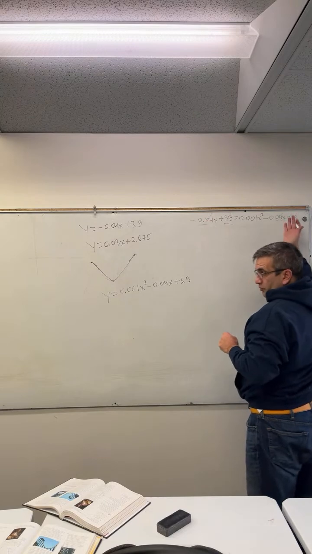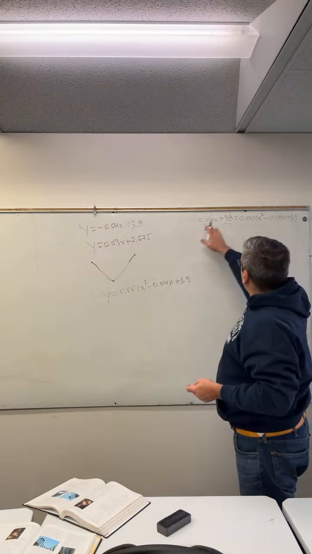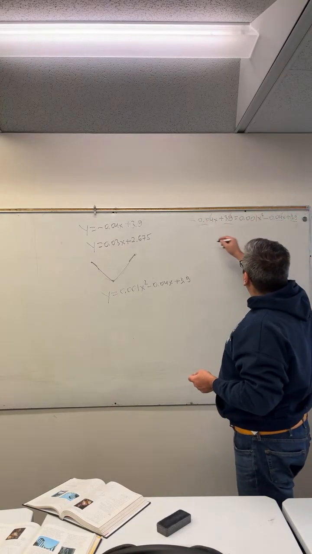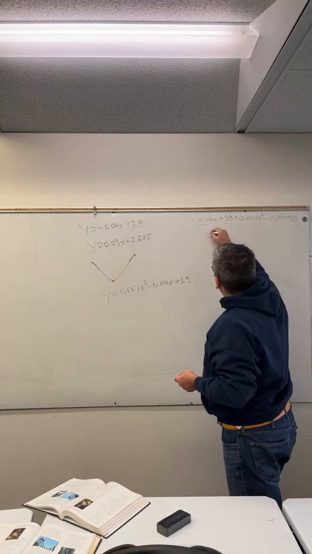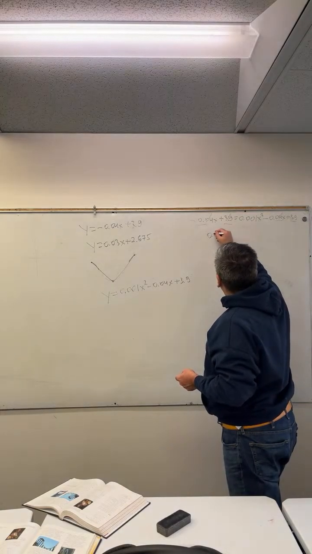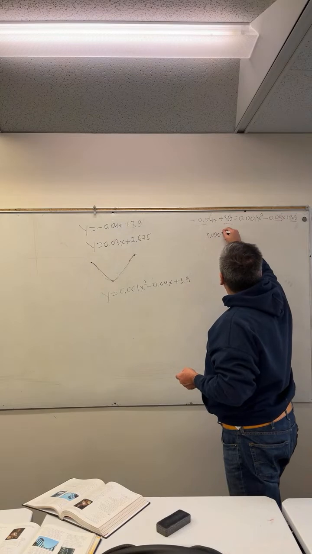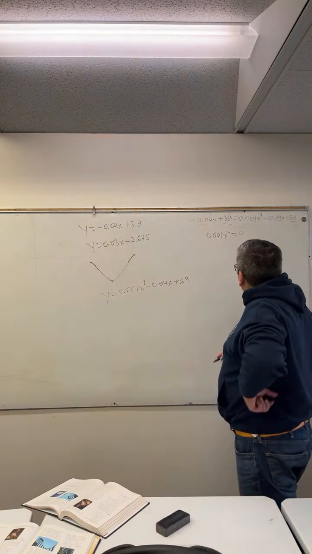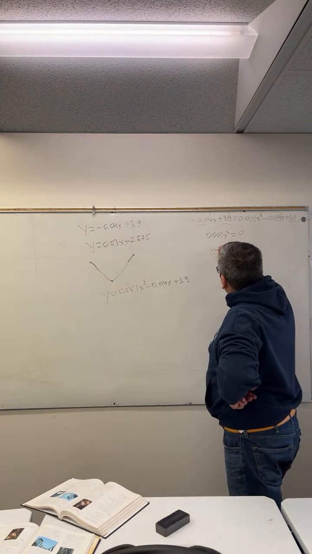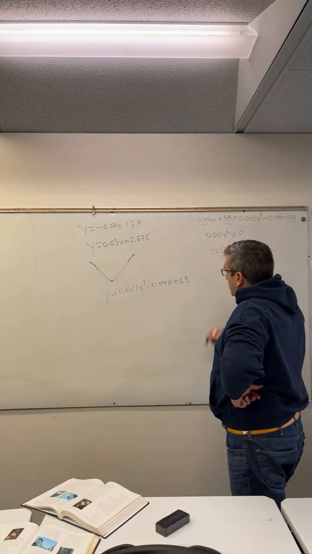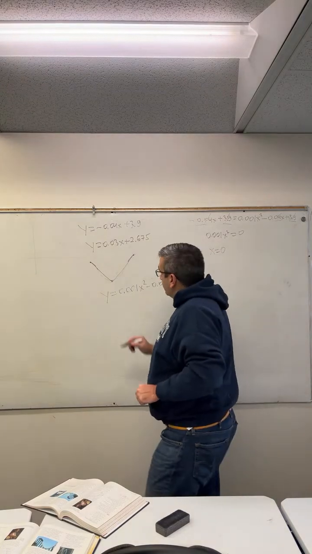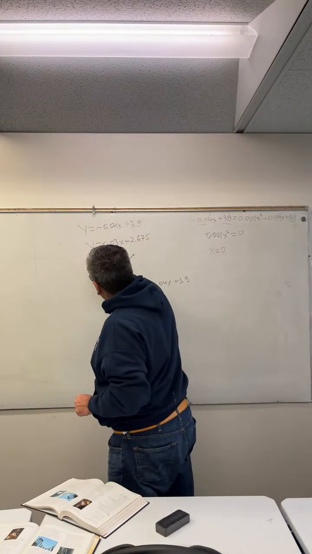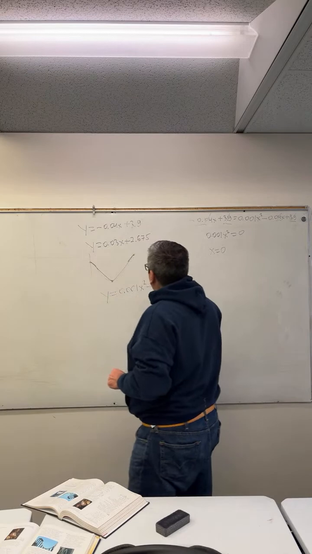Because when we move to the other side, they will be positive, negative, 0. So we have 0.1x squared equals 0, right? And from here, x equals 0.